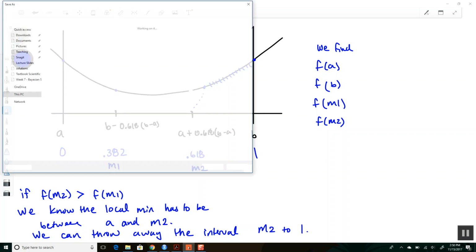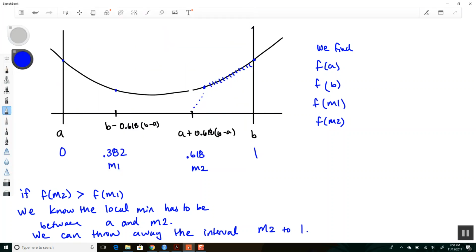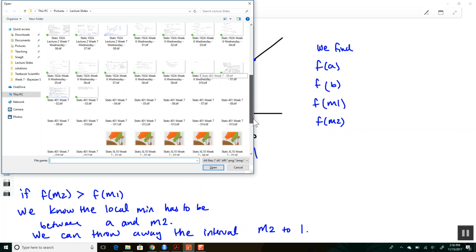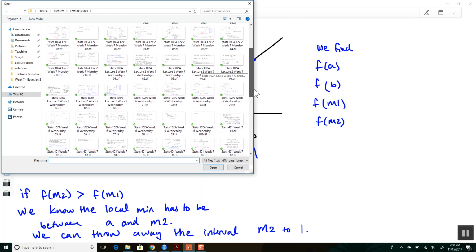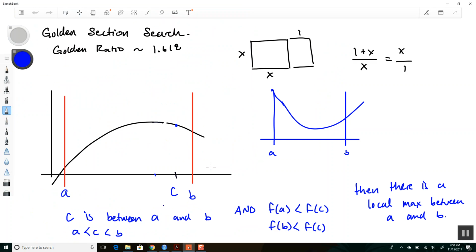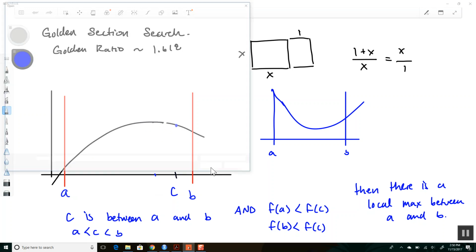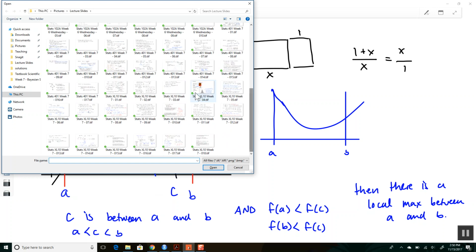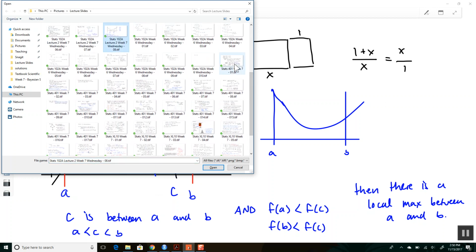So if you think back to the previous slide, we said if C is in between A and B, then we know that there has to be a local minimum or a local maximum if the value there is lower or higher.